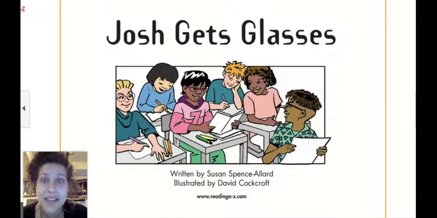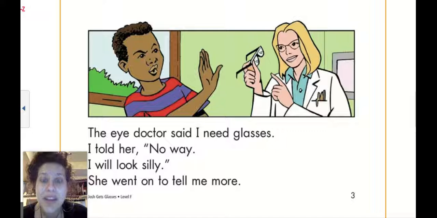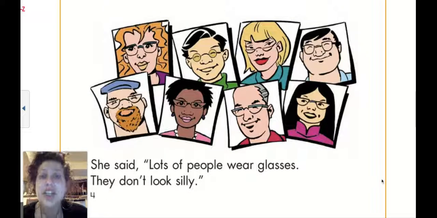Josh Gets Glasses. The eye doctor said I need glasses. I told her, no way, I will look silly. She went on to tell me more. She said lots of people wear glasses.